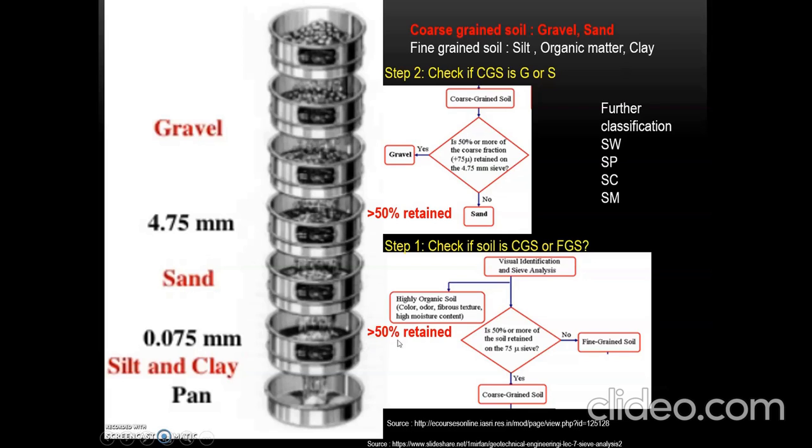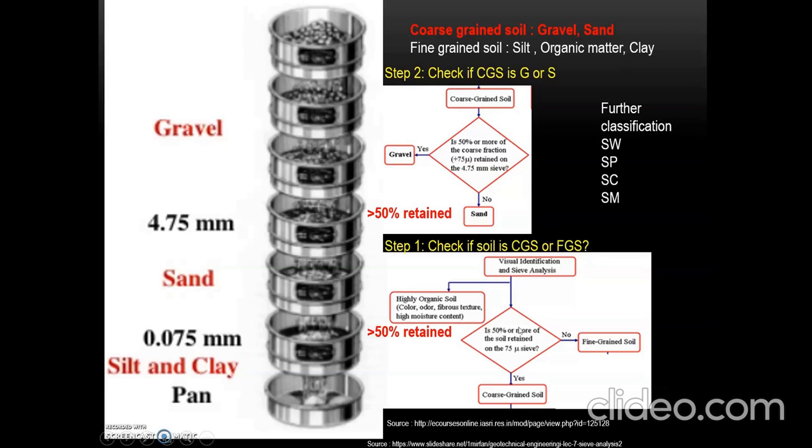So, that is what is mentioned over here. If the soil retained on 0.075 mm sieve is greater than 50%, like for example, after weighing, if we get the percentage retained on 0.075 mm as 60%, which is greater than 50%, then we say that the soil is coarse-grained soil.